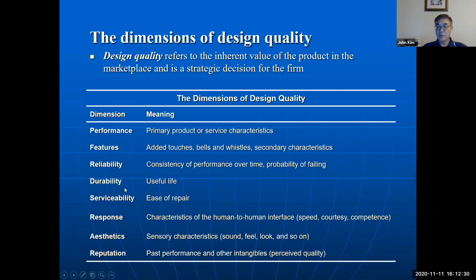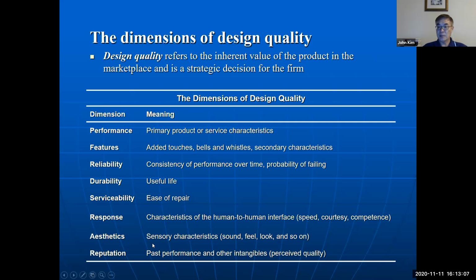And then durability, first time it is good, but then later, like 1 year later, 2 years later, then still the same performance. And then serviceability, if we have some problem with that product, then how can we get the service to repair or return or whatever. And with response the same, whenever we need customer service, then how can we get service easily or quickly.